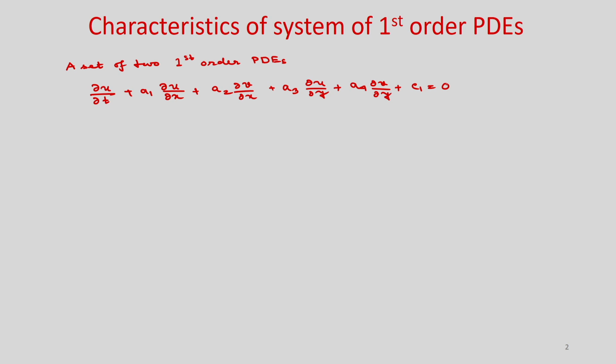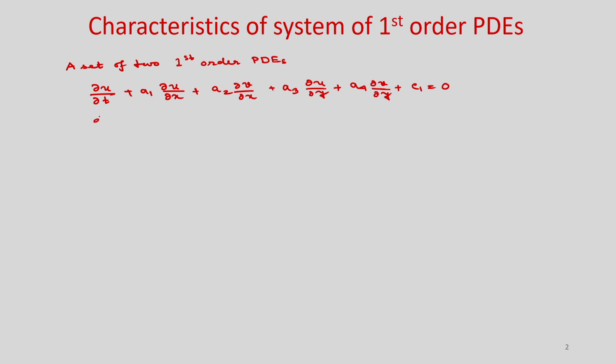So, this is one first order PDE, and another PDE we will write as del v by del t plus b 1 del u by del x plus b 2 del v by del x plus b 3 del u by del y plus b 4 del v by del y plus C 2 is equal to 0. So, we have considered two first order PDEs.